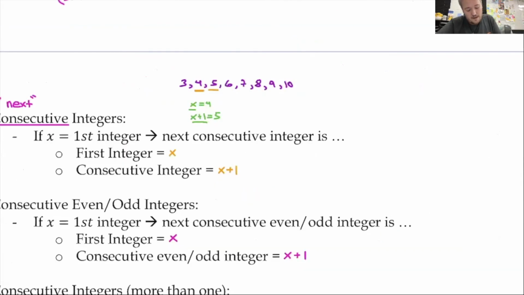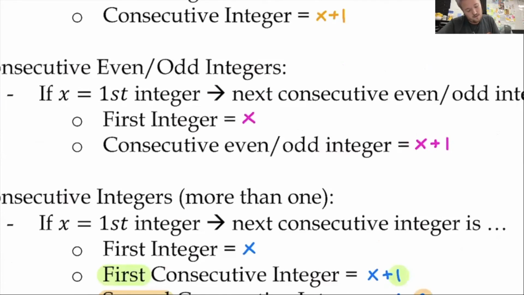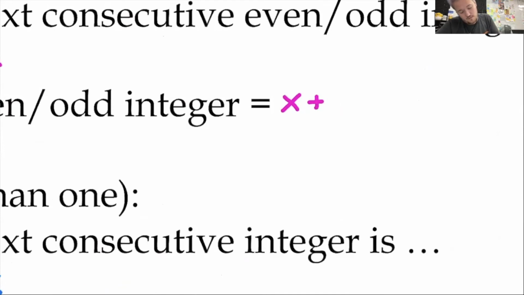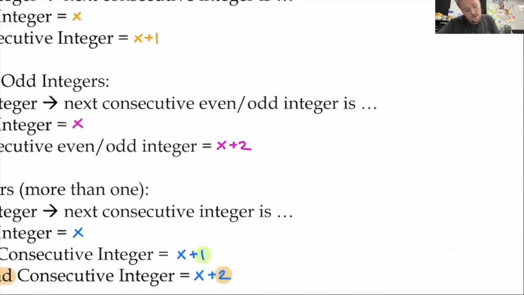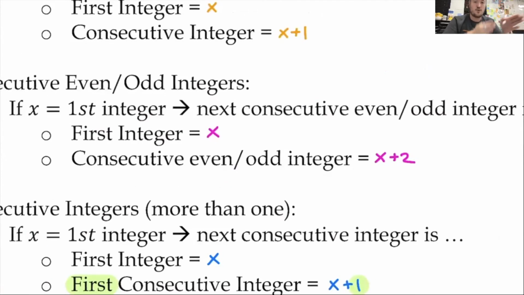The same idea kind of works if we're doing consecutive even or odd. But for consecutive even or odd, oh, that should be a plus 2. That should not be a plus 1. Consecutive even or odd, so you're starting with the value x and you want to skip 1, so that means you have to add 2.